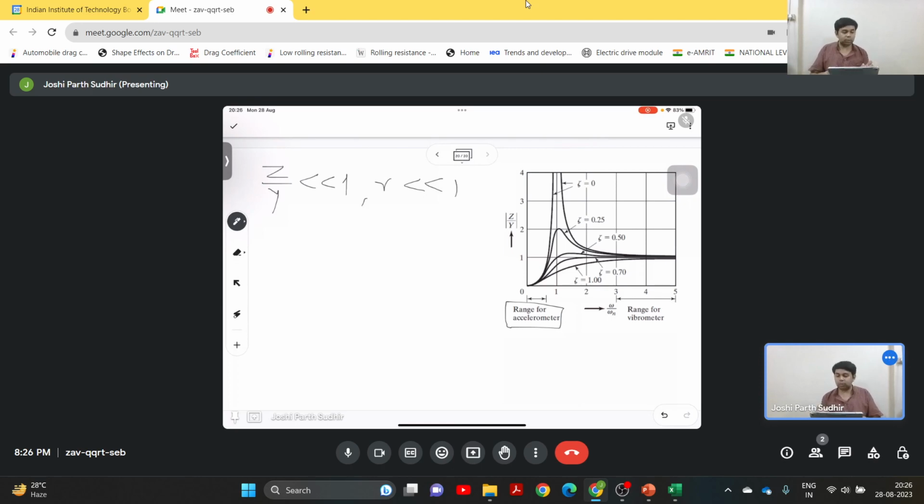As we could see, Z by Y is equal to 0.0417, which is significantly less than 1. So we can observe that this follows this trend and is in the range which is prescribed for accelerometers.